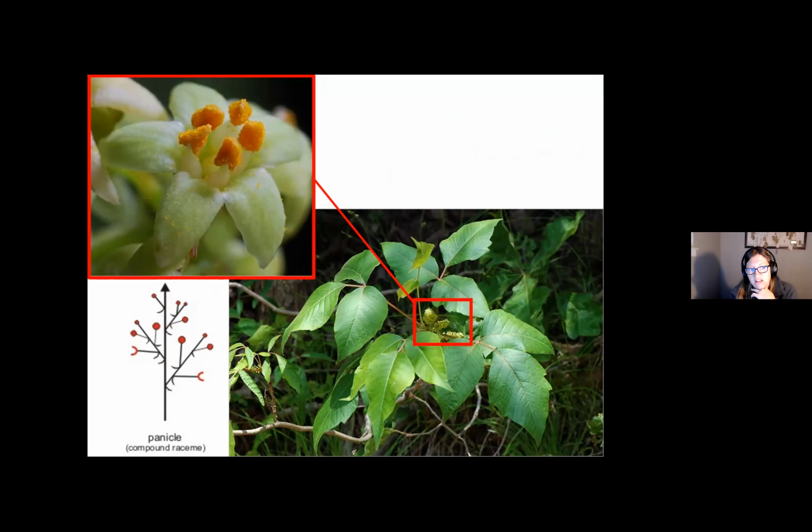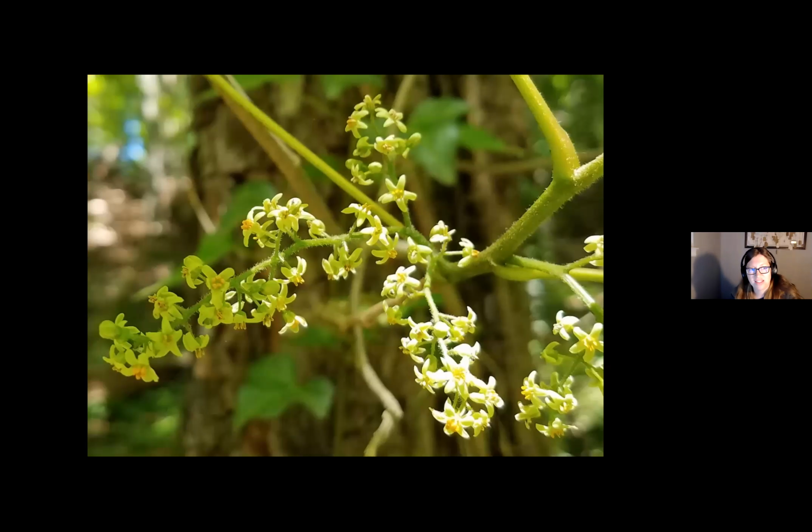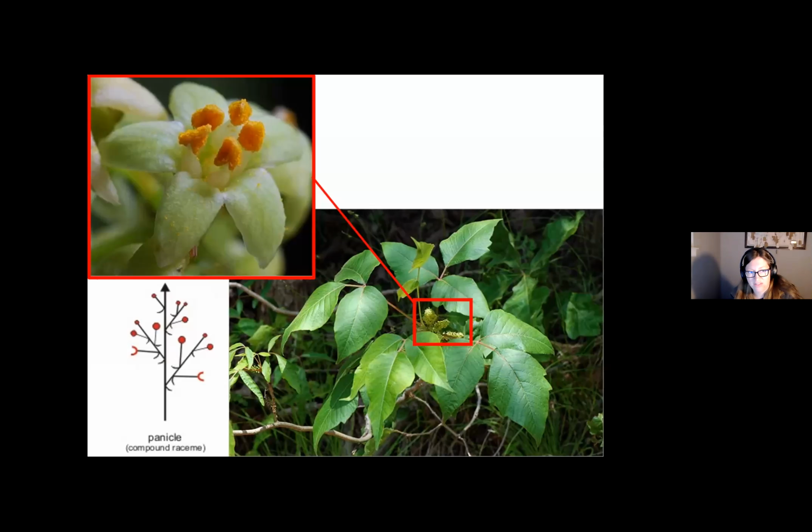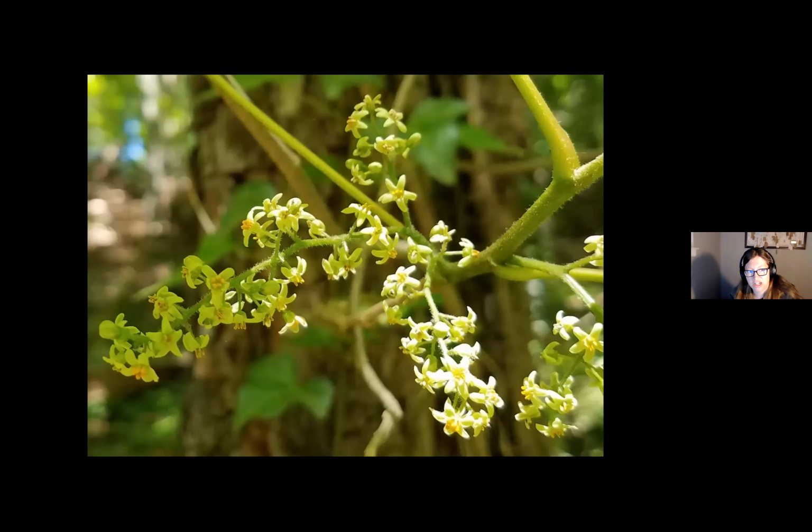So it's going to be a cluster, but they are held out here. And here is the center part zoomed in, so you can see this panicle of flowers a little better to see how they grow. You can also see all the pubescence pretty well.